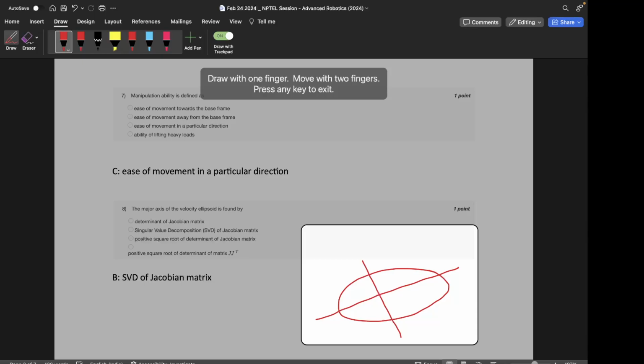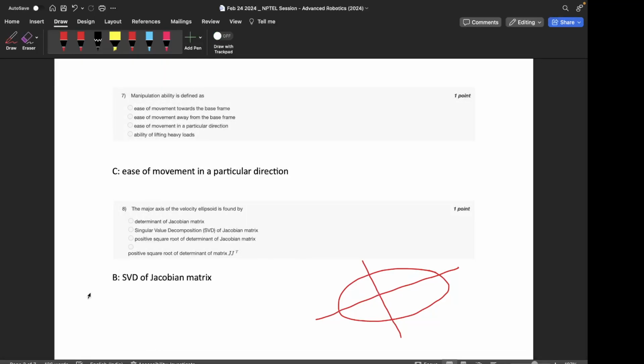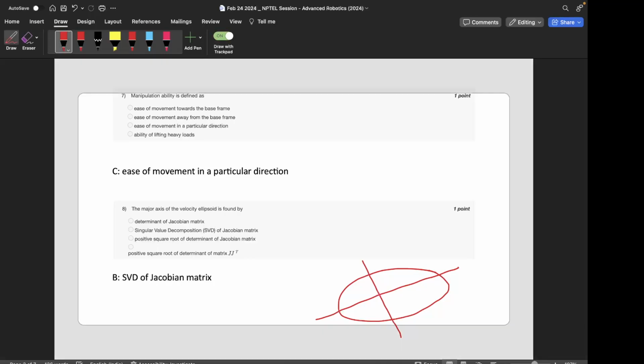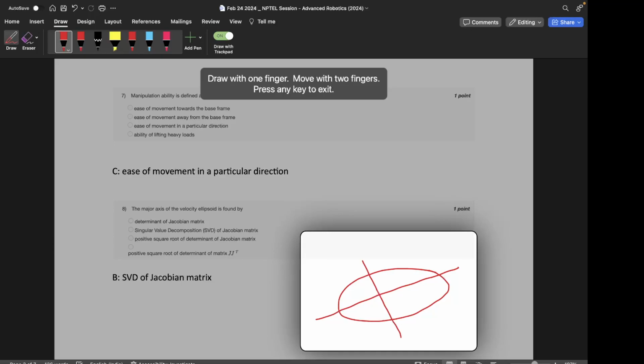Okay, so not that accurate, but let me. The two directions. And what we have is sigma 1 and sigma 2.